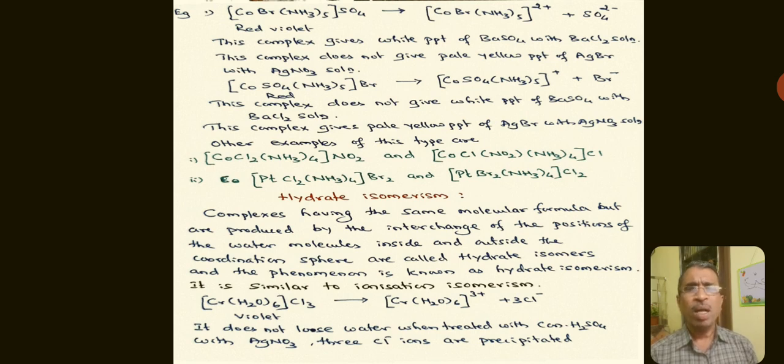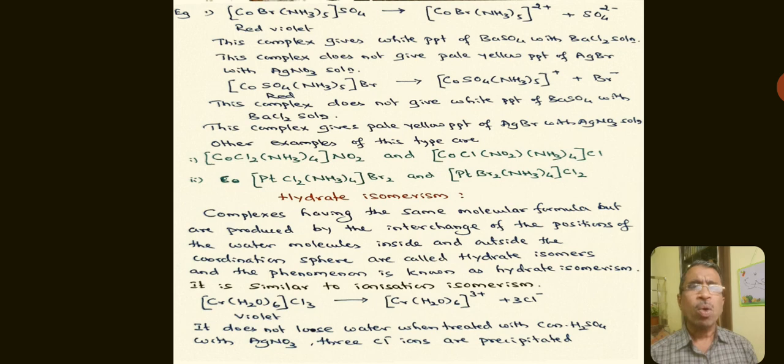Hexaaquachromium(III) chloride, which is violet in color. In solution, it gives 3 chloride ions, and when it is treated with AgNO3, we get the AgCl precipitate corresponding to 3 chloride ions, and this compound will not lose water when it is treated with concentrated sulfuric acid.